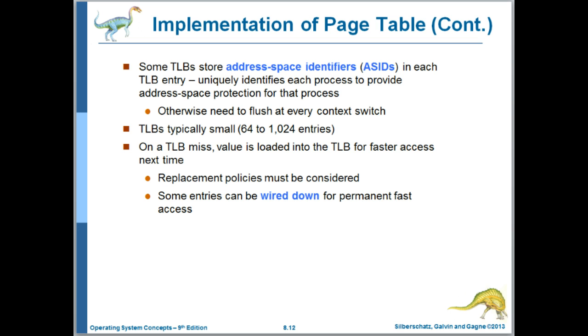So a technique that can be used is to assign an address space identifier. You can think of it as a PID, a process identifier at the hardware level, to the TLB entries. That can be used to distinguish between different processes' entries in the TLB, so that the TLB doesn't have to be flushed.